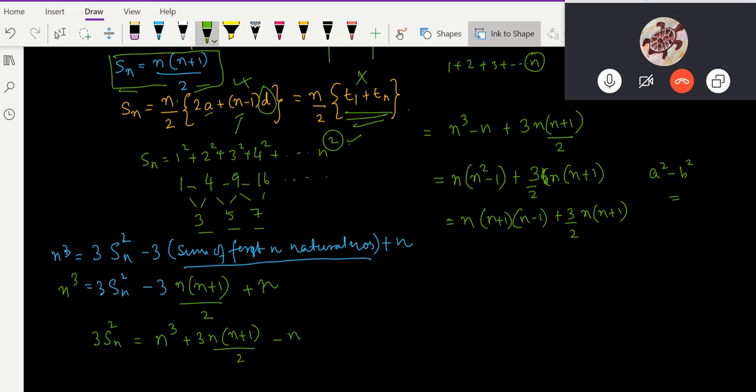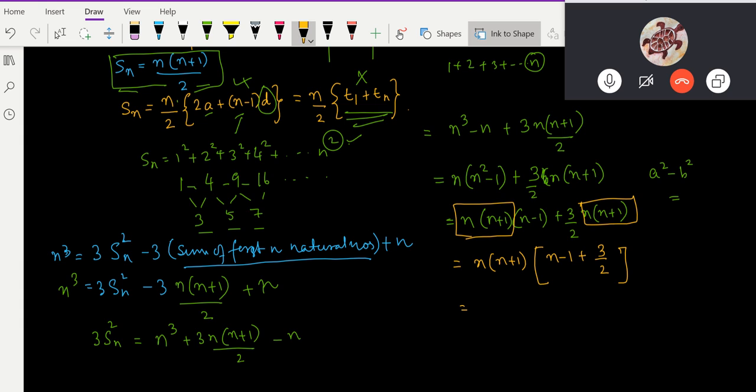Now you see that in both terms n into n plus 1 is common. So this can be written as n into n plus 1 into n minus 1 plus 3 by 2. Correct?